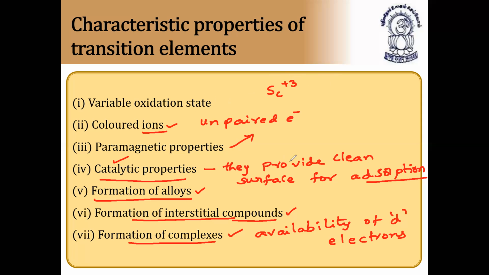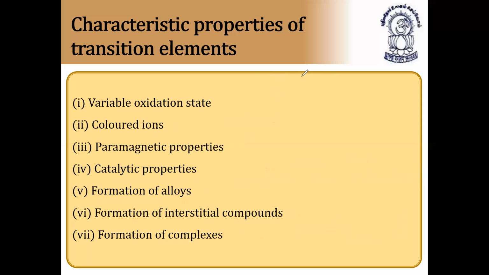As they provide a clean surface for adsorption, they can be used as catalysts. A mixture of metals is nothing but an alloy. They easily form alloys, interstitial compounds, and complexes. These are the main properties of transition elements.